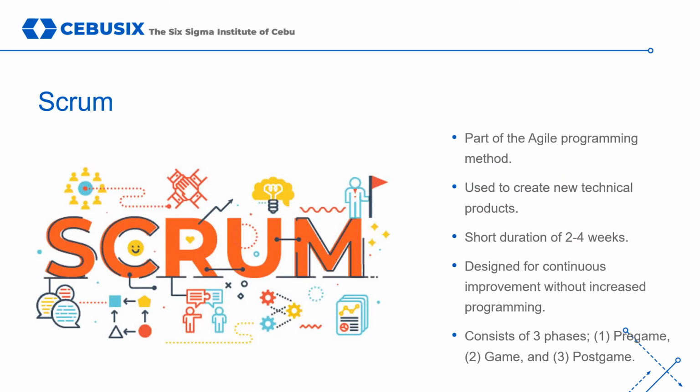Scrum is a project development method specific to agile programming endeavors in technical departments. Scrum is used when teams want to create a new technical product or integrate new developments into an existing product within a short time frame. Commonly, these projects last between two and four weeks.